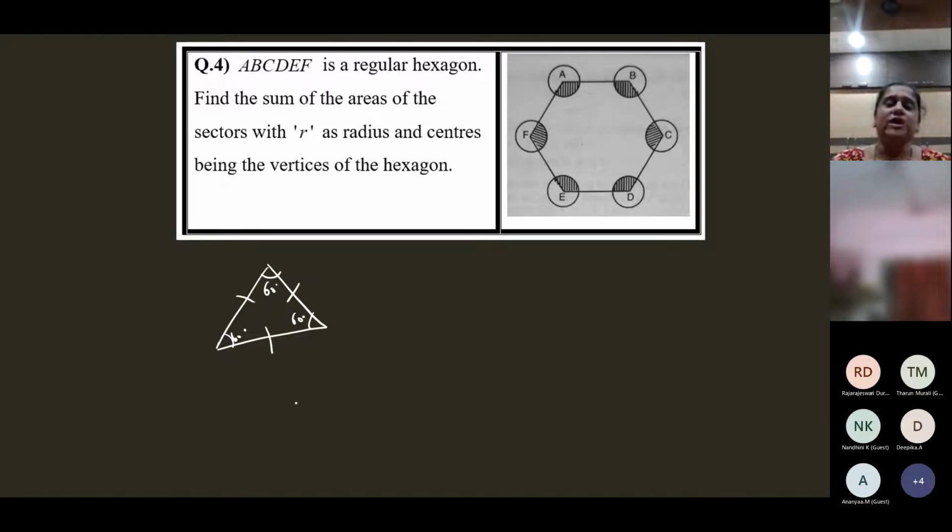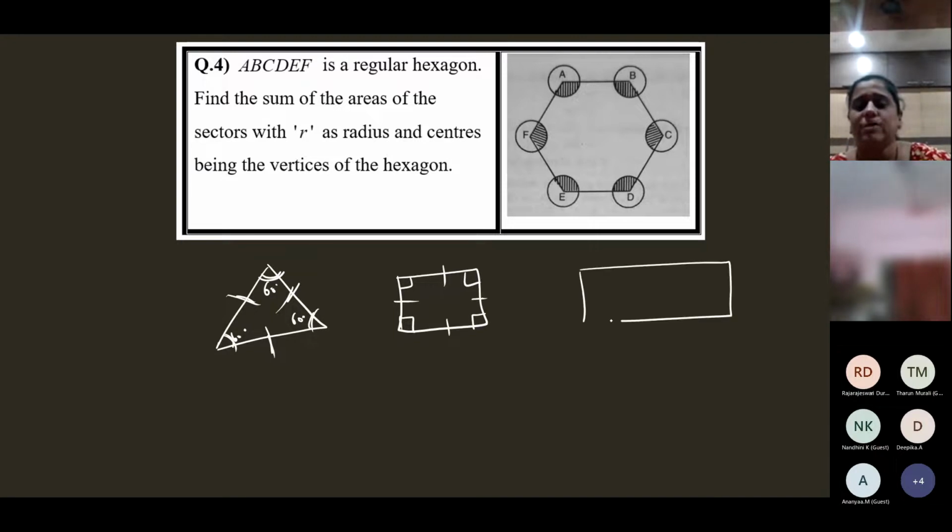An equilateral triangle is a regular polygon because all three sides are equal and all three interior angles are also equal. A square is a regular polygon, a regular quadrilateral, because all the angles are equal and all the sides are equal. A rectangle is not a regular polygon.